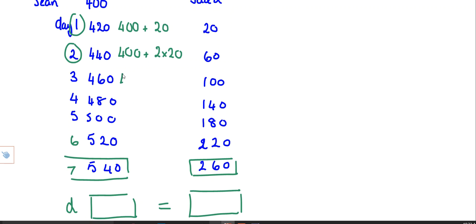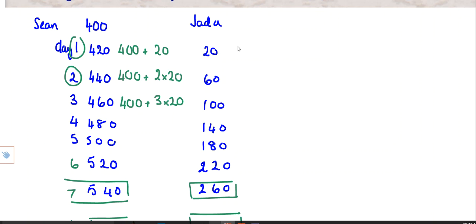Day three, that's 400 plus 3 lots of 20. What about Jada? Jada has 220 plus 40. Actually, this should have been 60 from the start, shouldn't it? Because she started with, I did that wrong.